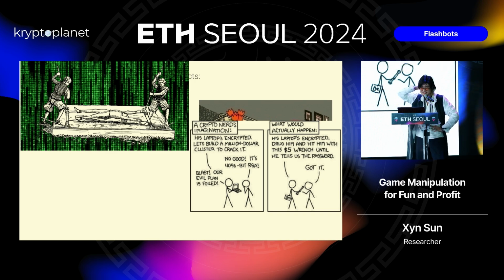So you can also see the XKCD comic shown over here to say that the game theory all works for the crypto nerd. Right, his laptop is encrypted through this rubber hose cryptography. Let's build whatever activism or multi-million-dollar cluster. But then in reality, if this medieval technique of torturing happens, then people probably couldn't stand it, even if the game theory works.